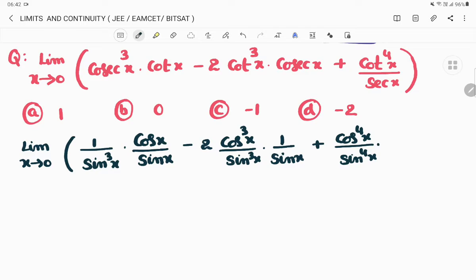So 1 by cos x in the denominator goes to the numerator, so cos x will come there.